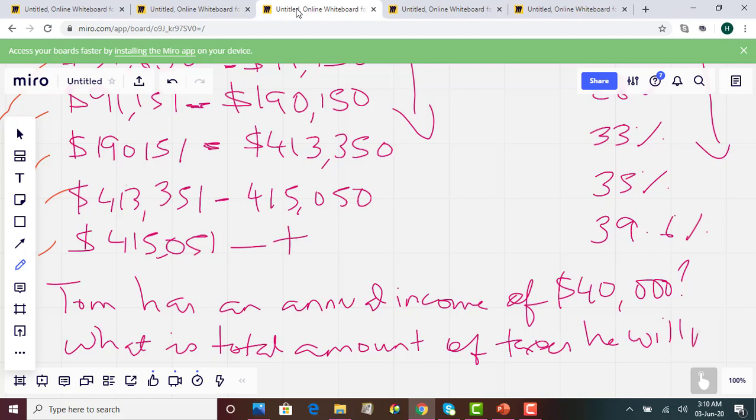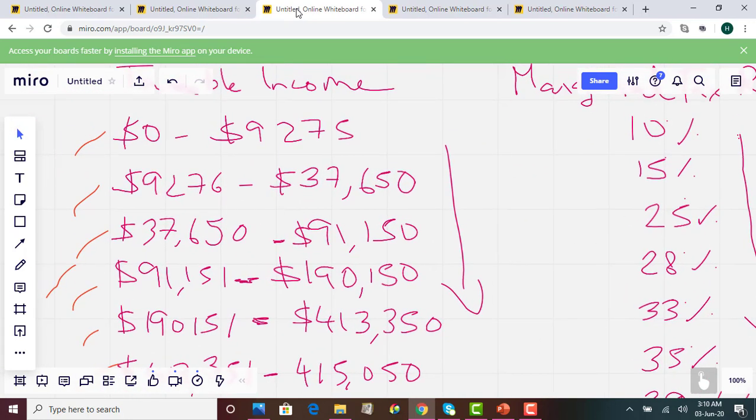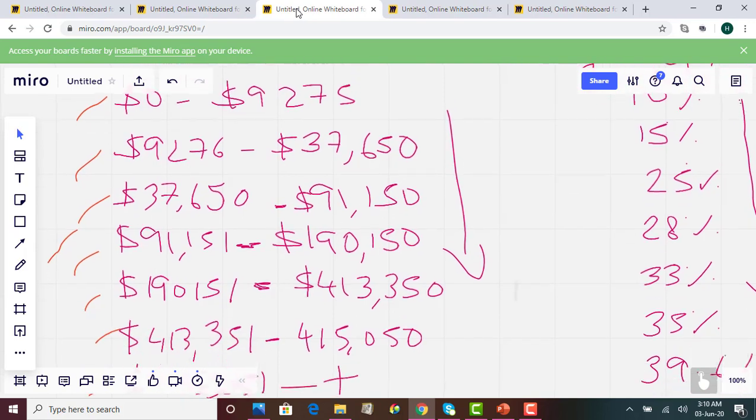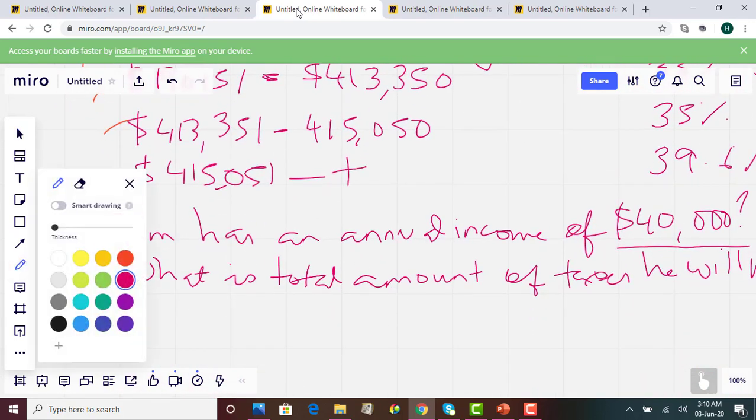Now you have to use this table to calculate the total taxes that Tom will pay on 40,000. So we will go up and look at the table. On the first $9,275, Tom will pay 10%.